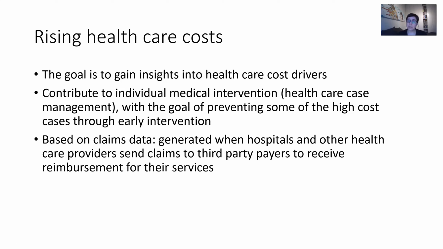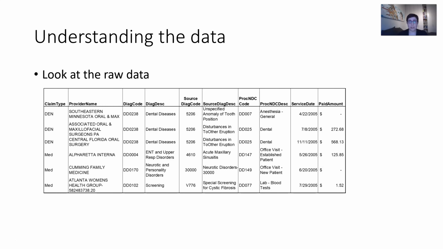So the study is based on claims data. Claims data get generated when hospitals and other healthcare providers send their claims to the insurance companies or the payers to receive reimbursement for their services. So that's the data that we capture. Similar to many other healthcare data, and maybe especially in claims, it's all based on codes.